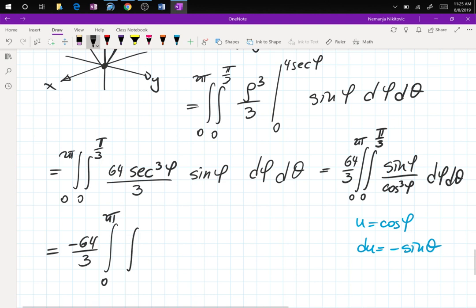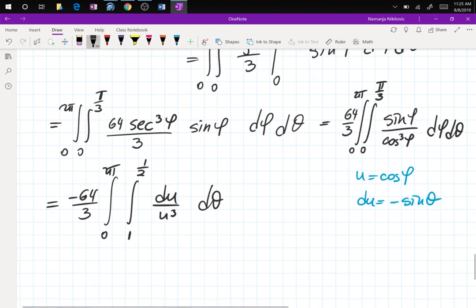Now the inner integral changes its limits. Cosine of 0 is 1, and cosine of pi over 3 is 1/2 on top. And this is great. du over u cubed. This is great because the 1/2, which is a smaller number on top, will get us a negative value, which will erase the negative 64 minus sign.